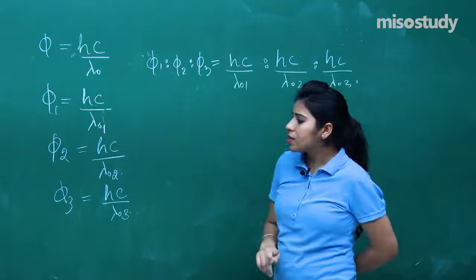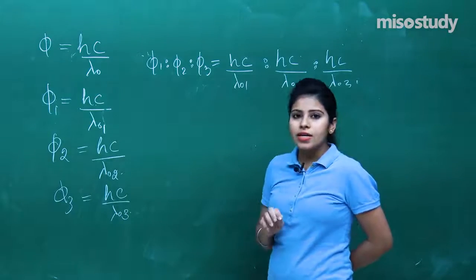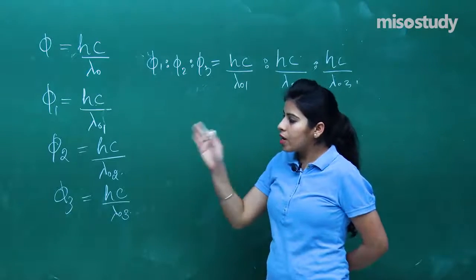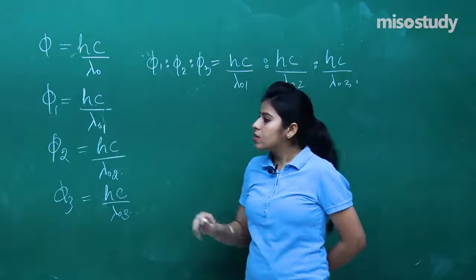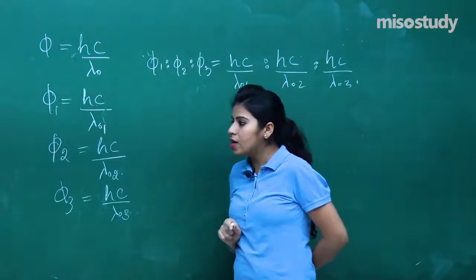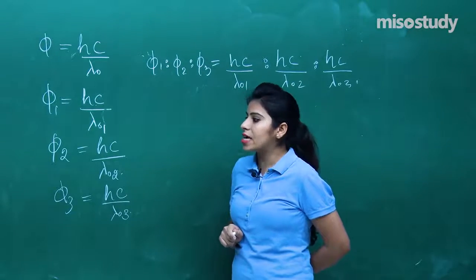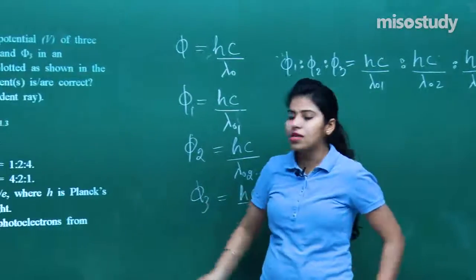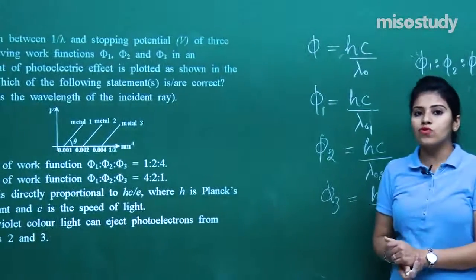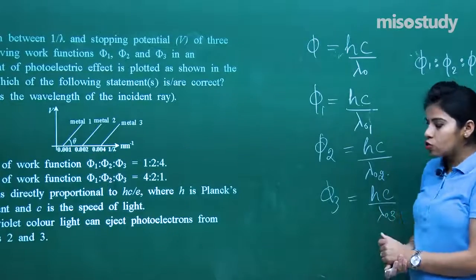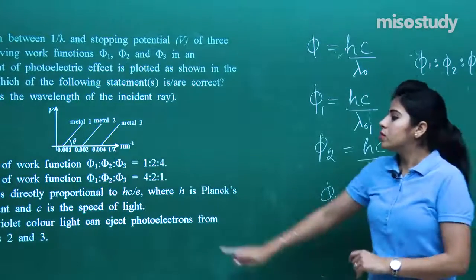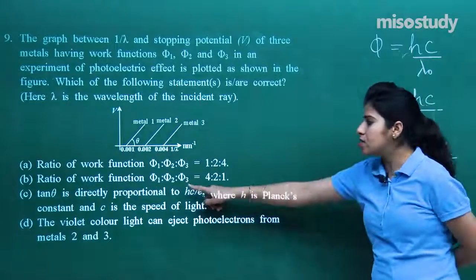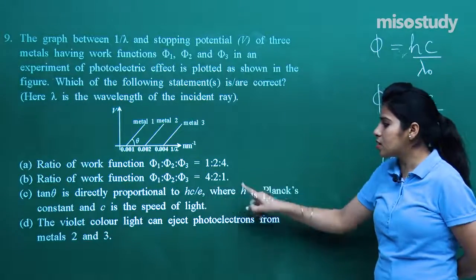Now you know that if you plot a graph between 1 by lambda and V, you will see that your tan theta, that means the slope of the graph, will be something that we are going to find in the options. First of all, just read out the options. The first option says the ratio of the work function is this. The second option says the ratio of work function is this.